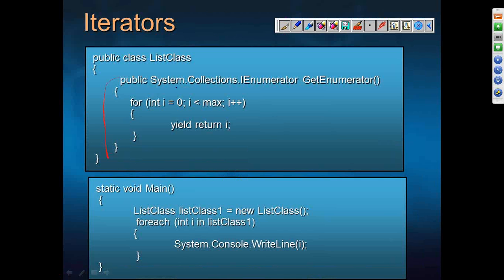You can see the return type is enumerator, GetEnumerator, and for whatever you want to traverse, yield return i. When we write this statement, it does everything underneath. It first goes here, returns, then increments, and the next time it goes to the incremented position. It is saving the current position.